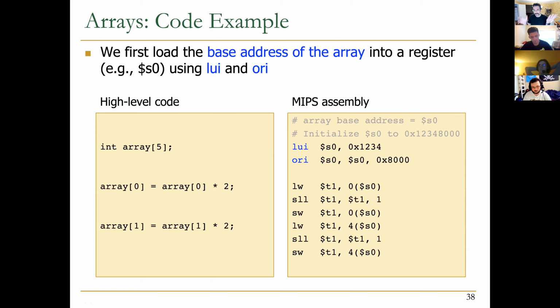We multiplied by 2 with shift left logical, which is how we do multiplication in assembly. And then we use a store. For storing a word, you need to tell the computer, hey, this is the address, this is the data, go and store it there, okay? This is the simple operation we want to do.